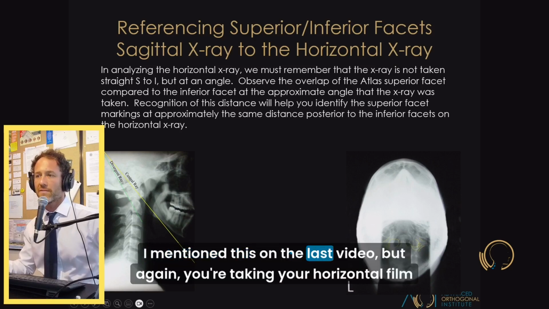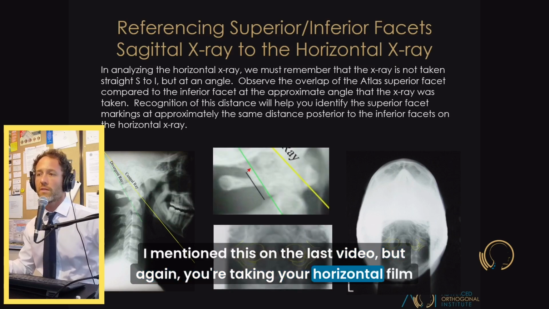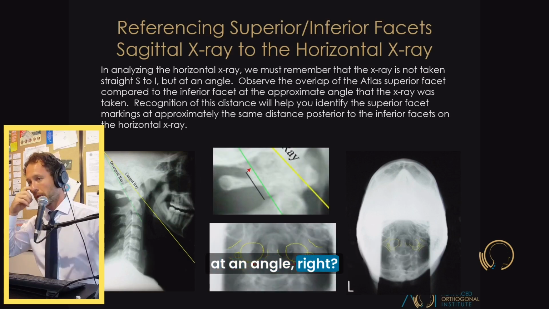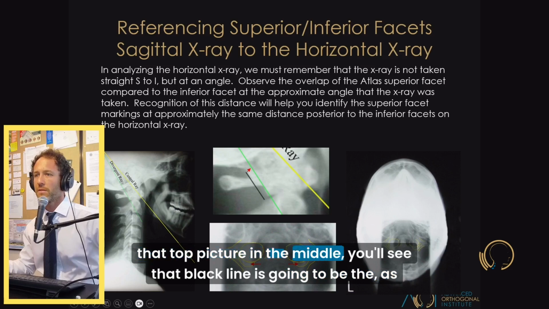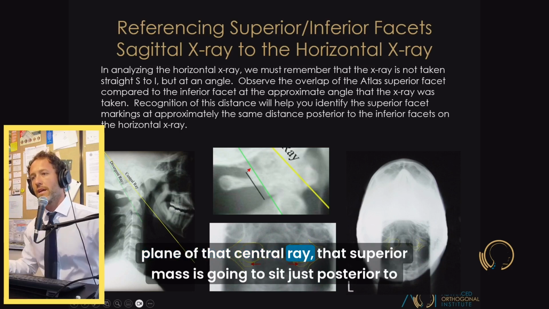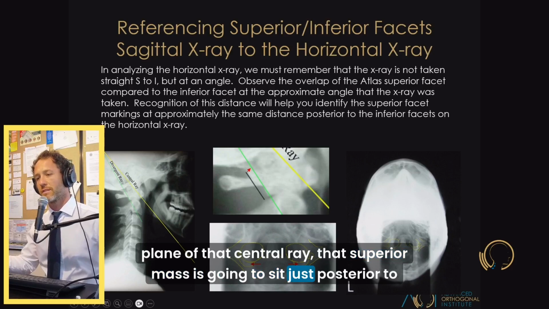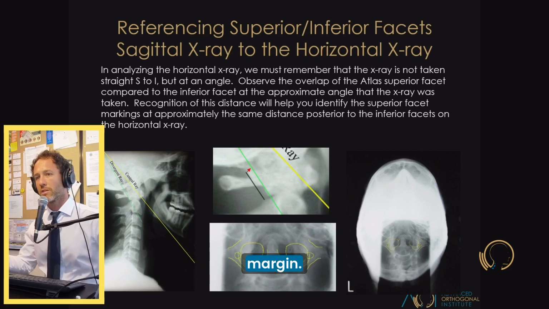I mentioned this on the last video, but again, you're taking your horizontal film at an angle, right? So it's represented here as that black line in that top picture in the middle. You'll see that black line is going to be, as long as I'm on the plane of that central ray, right, that superior mass is going to sit just posterior to that green line, which is going to be that inferior mass margin.